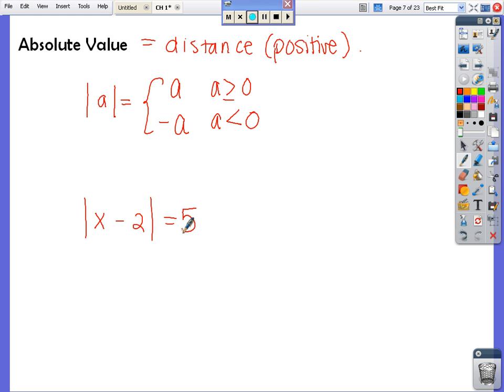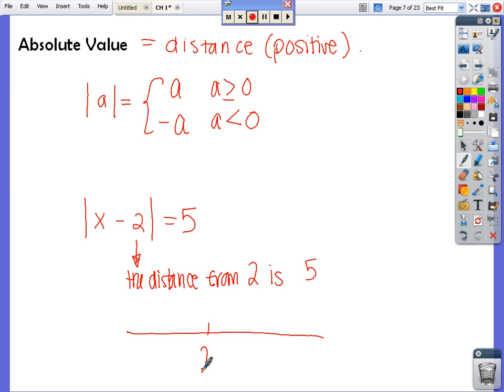What this says is the distance from 2 is 5. And the reason we call it a distance is if the number 2 is here, the distance means that I could actually hop forward 5 units, 1, 2, 3, 4, 5, and I get to 7.